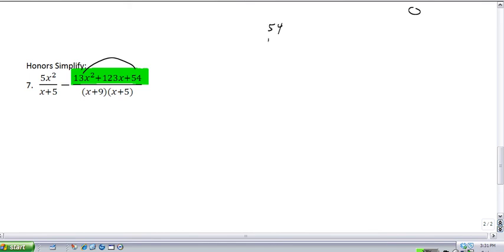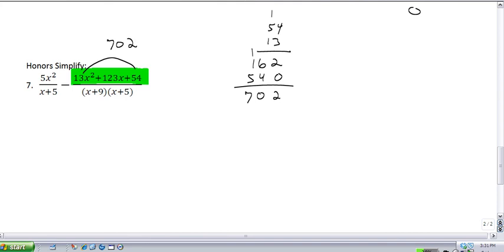I don't have my calculator in front of me. I should start from the right. 702. So, oh no. What are the factors of 702 that add to 123?